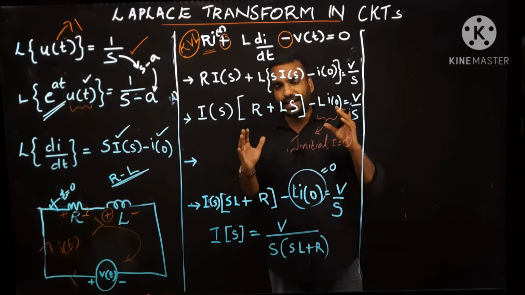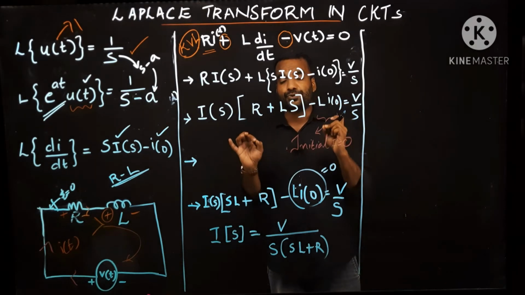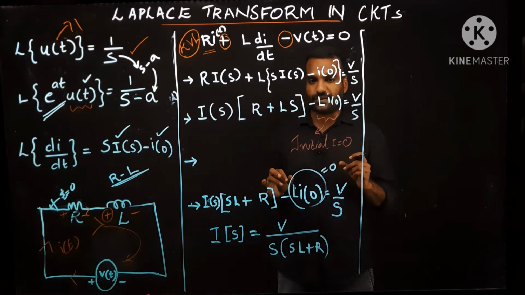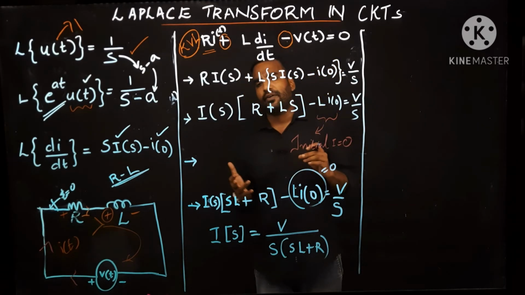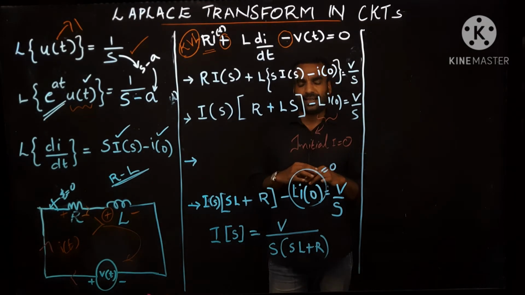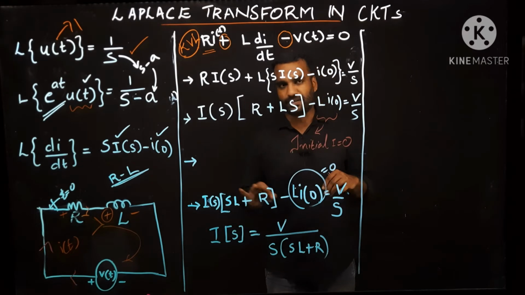And in that aspect, one of the important things is you should have the basic idea of partial fraction. So what is partial fraction? How can we apply partial fraction? If you are having any doubt, you can refer to the previous video, in which we discussed all three types of possible cases of partial fraction.